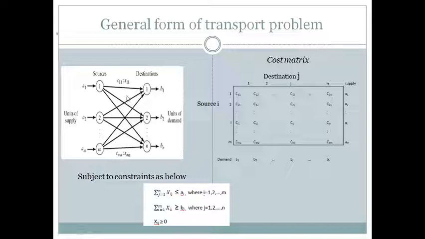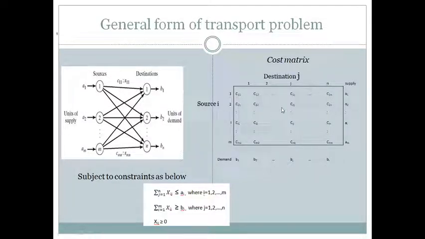Together, the costs and the total units contribute to the total cost involved in moving the product from source to destination. So this is the pictorial representation of the transportation problem, and we also have something called the cost matrix, which tells us from source i to destination j what the cost is for every unit of product. Okay, so that's a cost matrix.